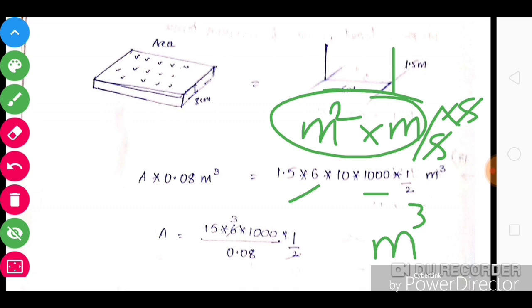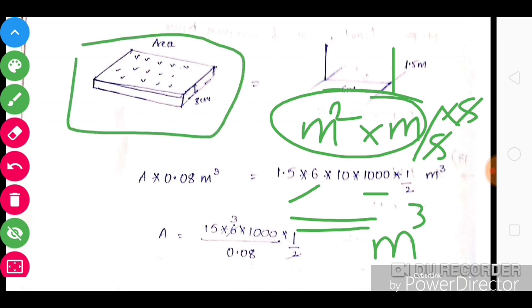Okay. So the total volume on the right hand side, I got this, and the total volume on the LHS, that is how much area it will irrigate. We don't know the area, but I know the depth. So area into this depth will give volume equal to this volume, 1.5 into 6 into this thing.